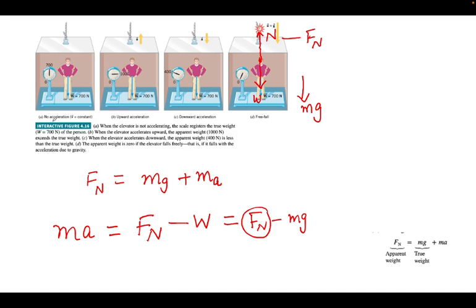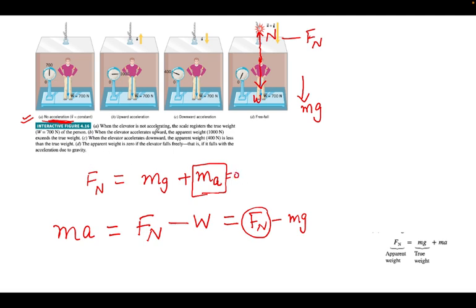So there are 4 cases. In the first case, when a person is standing in an elevator and the lift has no acceleration, the elevator is at rest. In that case, where the lift has no acceleration, this component will be equal to 0.